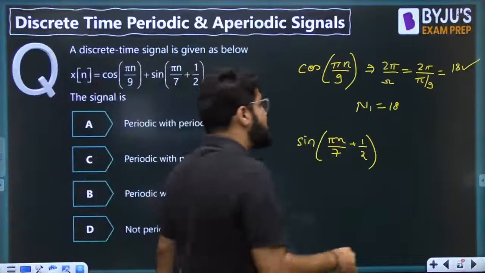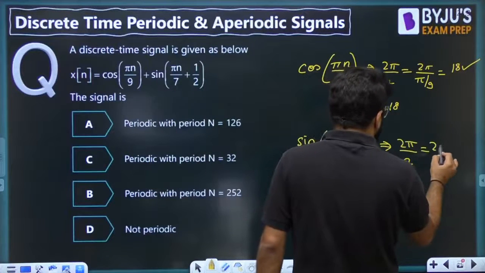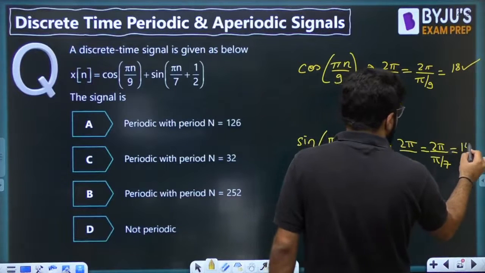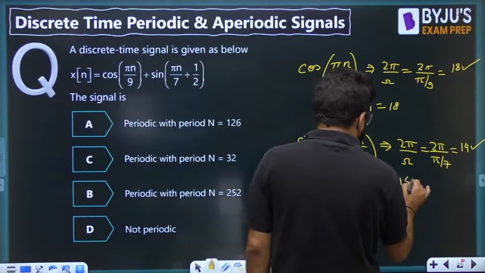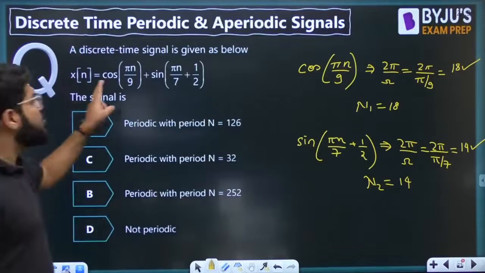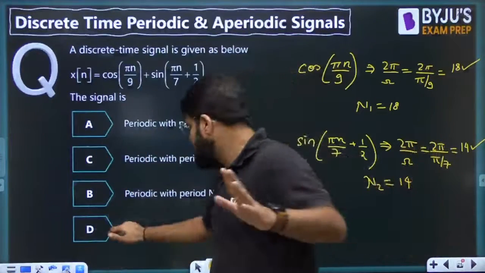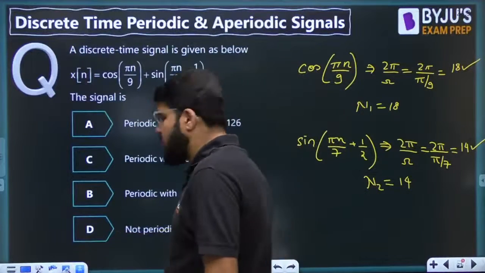Focus only on the frequency. 2π upon π/7 is 14, again rational as well as an integer. Now, whenever two discrete time signals are added, the result is always periodic.